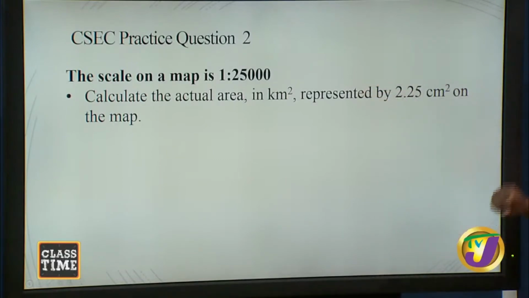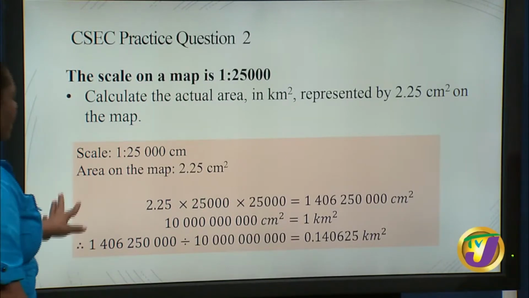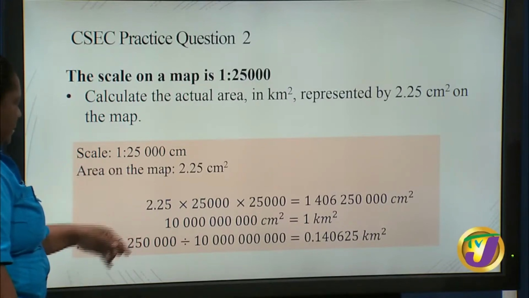So take us through. The scale is given as 1 centimeter to 25,000 centimeters. The area on the map is also given, and that's 2.25 square centimeters.